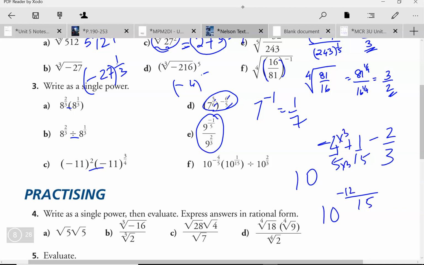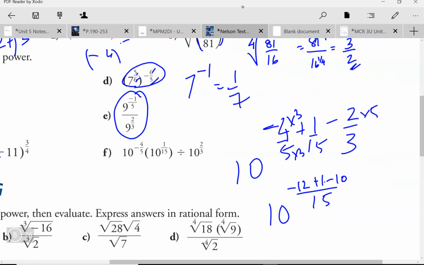So -12 plus 1 minus 10, which is actually -21 over 15. If we were to simplify that, you would get -7 over 5.